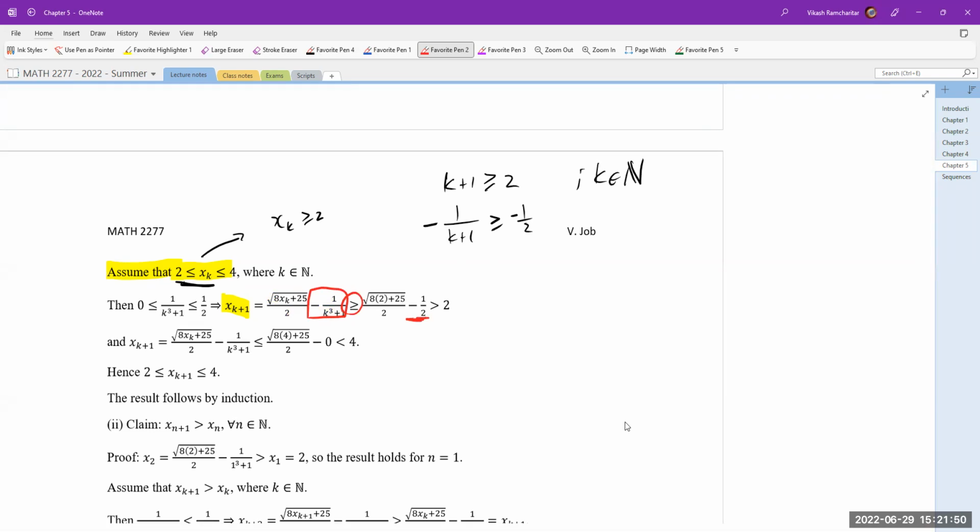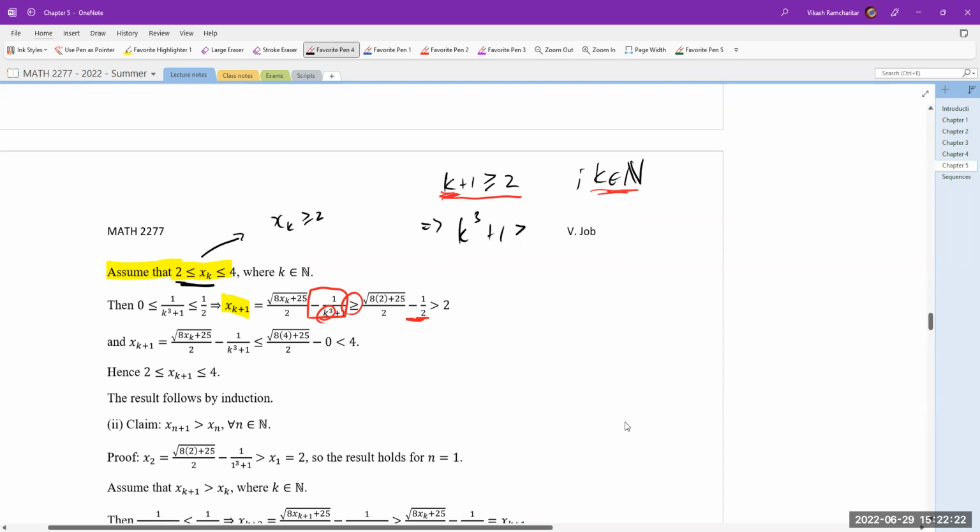So for these harder types of sequences, you need to use a little bit of imagination to come up with these bounds. But all you need to remember is that the k's you see in here are just natural numbers. So it's not too difficult to see k plus 1 is bigger than or equal to 2. If we were searching with k cubed, well, if k plus 1 is bigger than or equal to 2, then certainly k cubed plus 1 is bigger than or equal to 2.